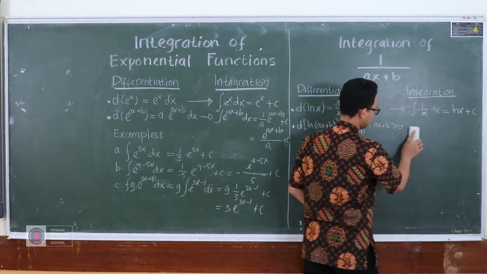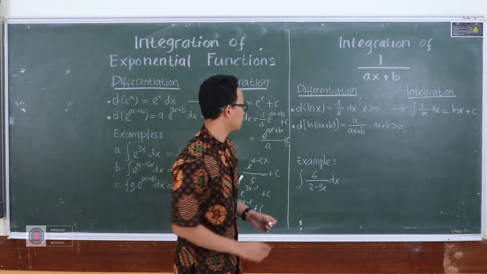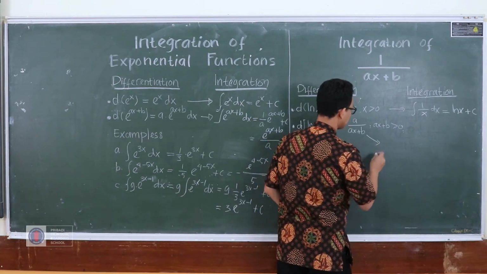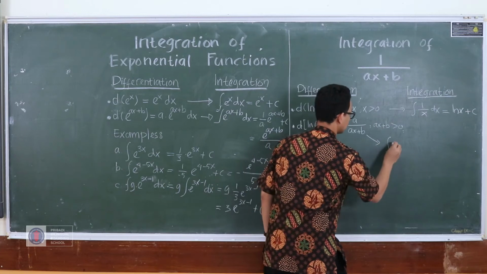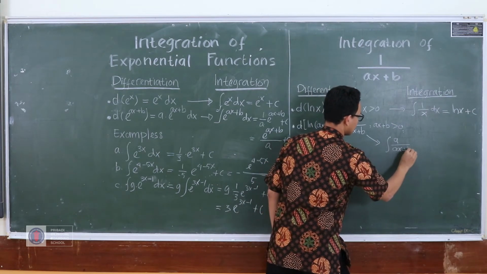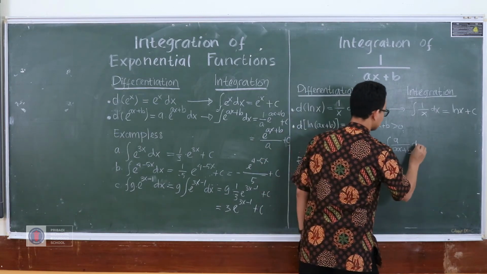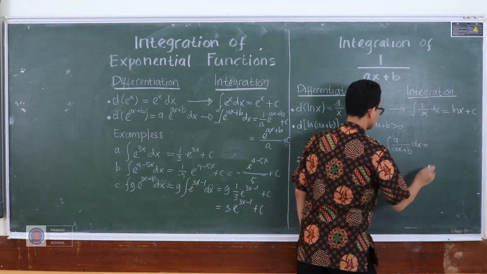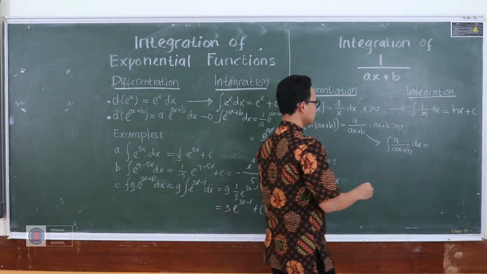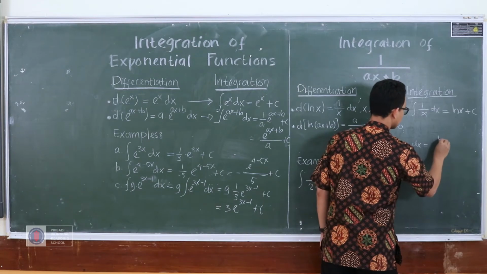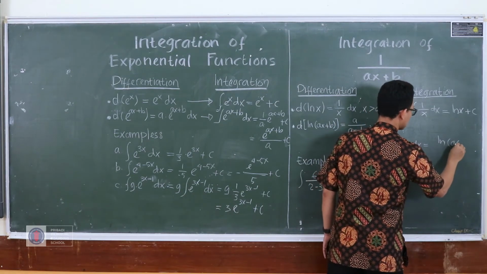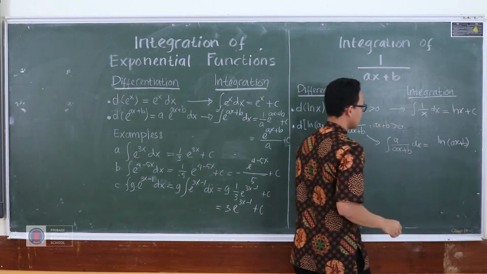So the integration should be ln ax plus b.